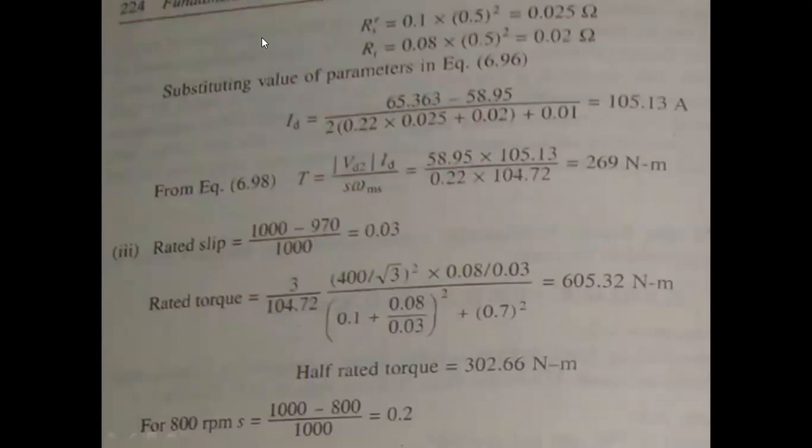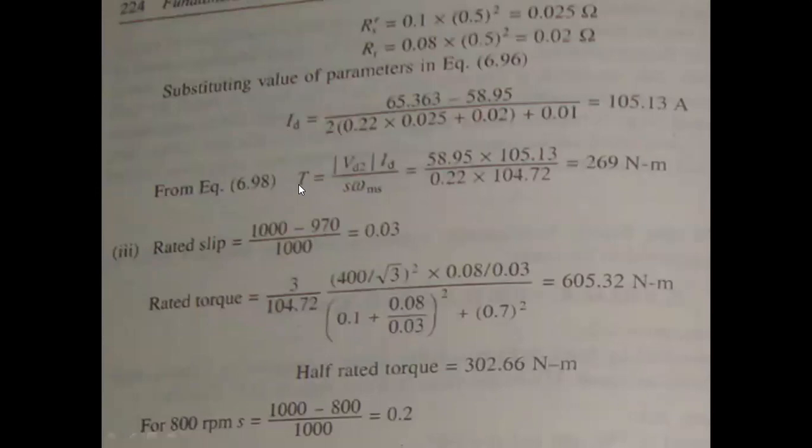If you substitute the value in the ID, you will get ID is equal to 105.13 amperes. So from that we have to find out the torque VD2 into ID by S omega ms, that is equal to 58.95 VD2. Only magnitude we have to take, no need about the positive or negative.